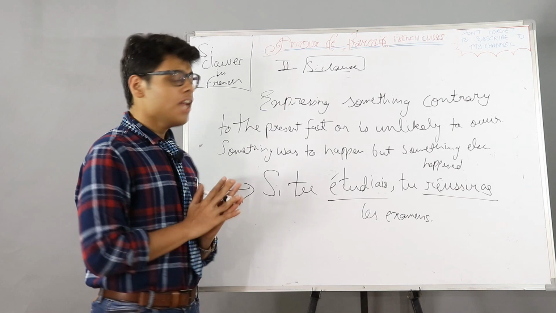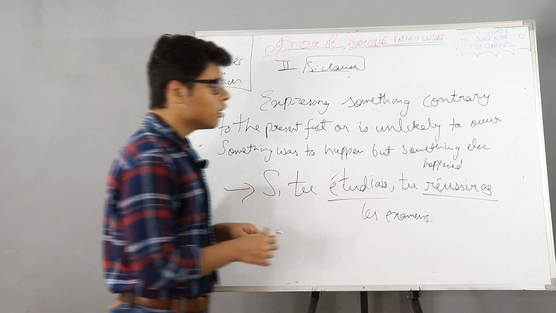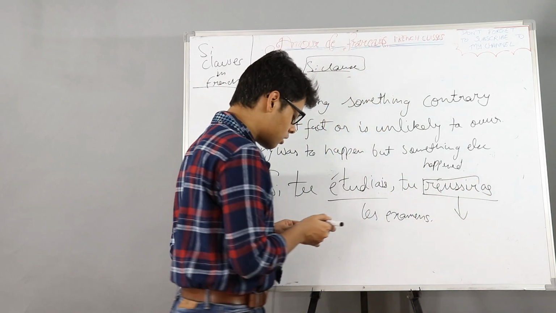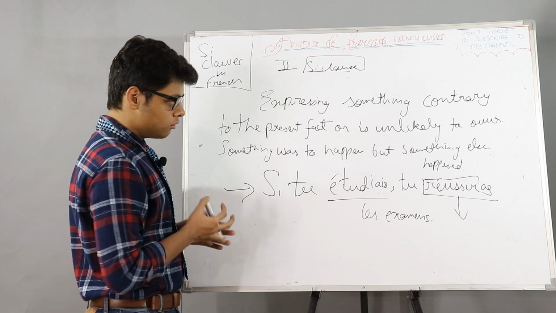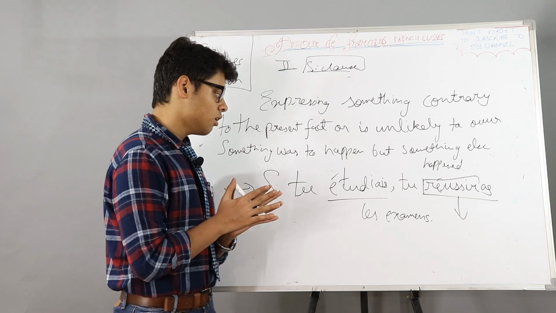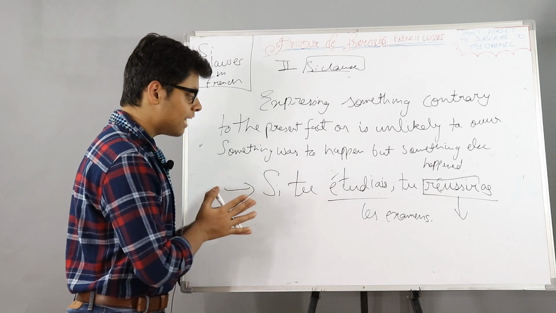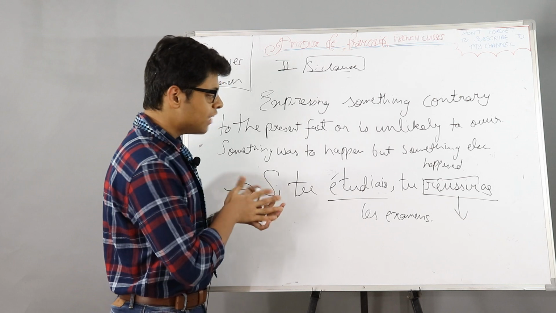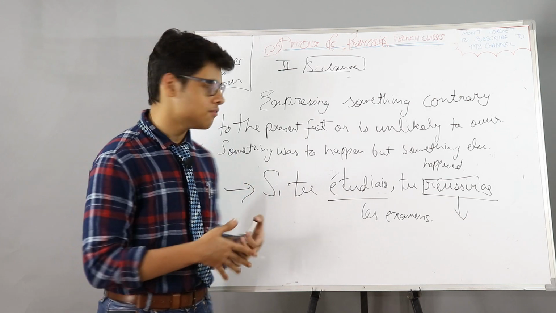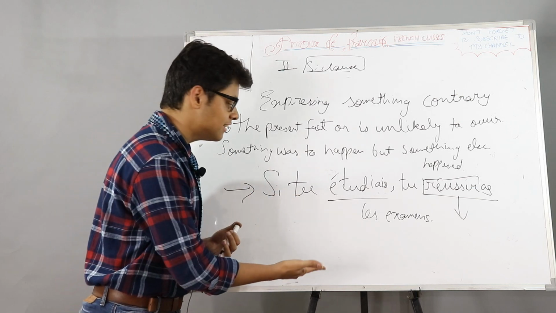If you studied, tu réussirais. Réussir is an IR ending verb, and in this context, it means to pass. So, tu réussirais les examens. You would pass the exams. Present conditional, would. So, if you studied, you would pass the exams.